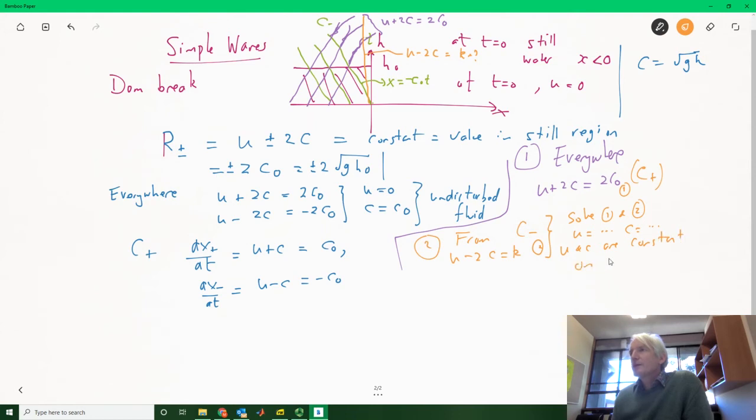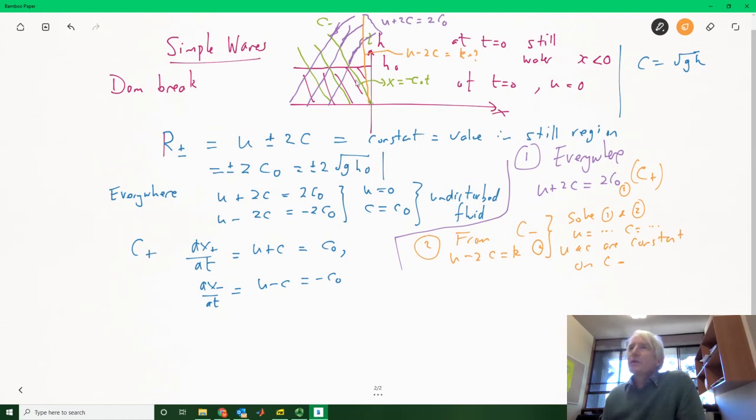So let's go back to this picture and try to understand it, because it is difficult to get. We have the characteristics coming out, and on the purple characteristics, the plus ones, u plus 2c is always equal to 2c naught. We assume they fill the space, so we know every single place in the fluid, u plus 2c equals 2c naught.